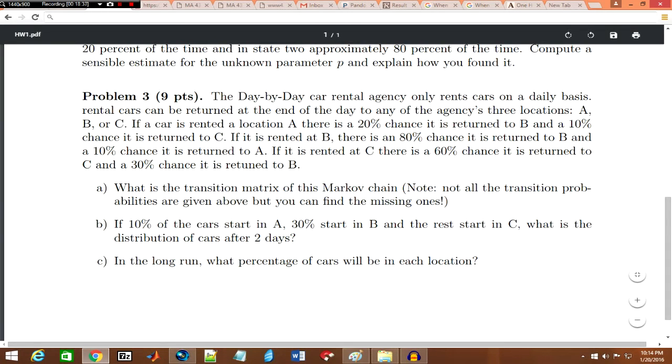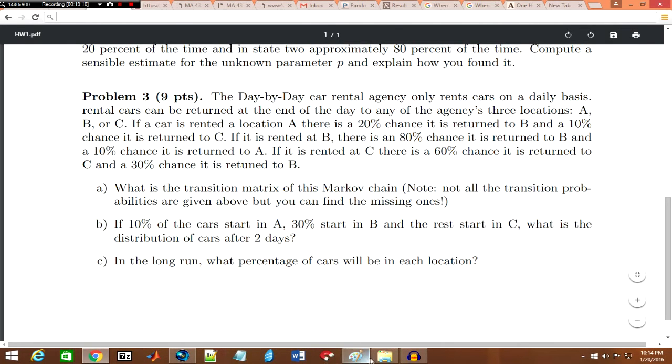Rental cars can be returned at the end of the day to any agency's 3 locations, A, B, or C. If a car is rented at location A, there is a 20% chance it is returned to B and 10% chance it is returned to C. If it is rented at B, there is an 80% chance it's returned to B and 10% chance it's returned to A. If it is rented at C, there's a 60% chance it's returned to C and 30% that it's returned to B. All right, and then the first question asks, what is the transition matrix for the Markov chain?